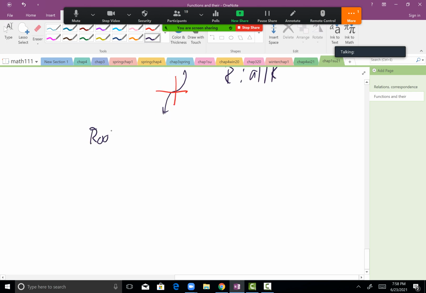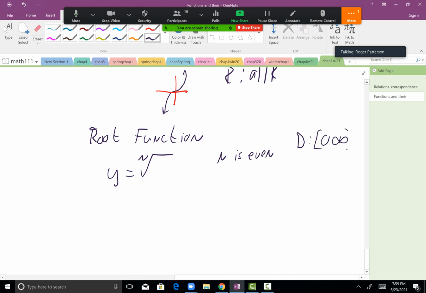Okay, root functions. y equals the nth root of x. Okay, so you said the domain was 0 to infinity, and you said the range was also 0 to infinity.